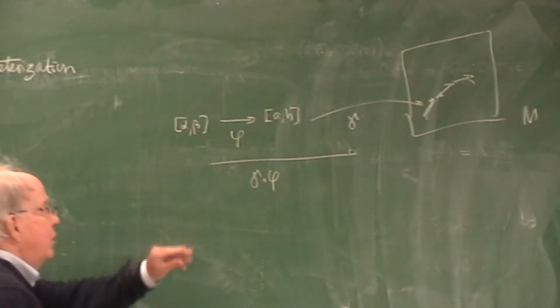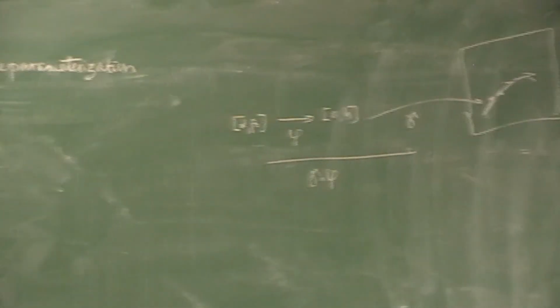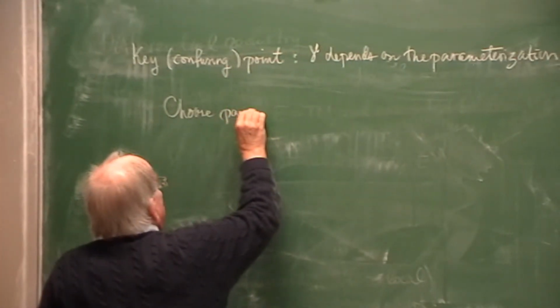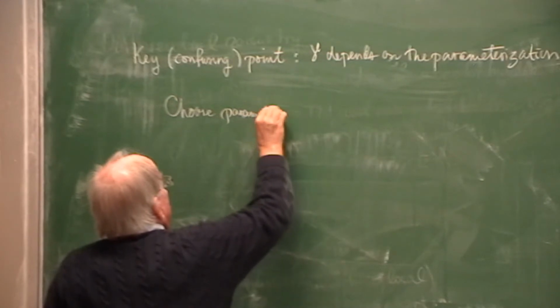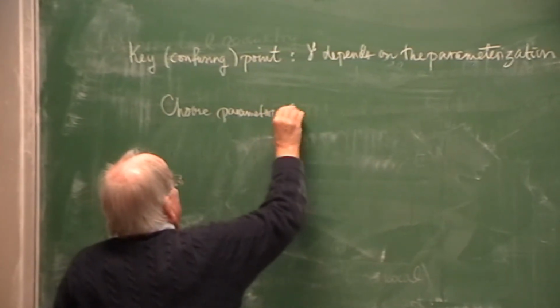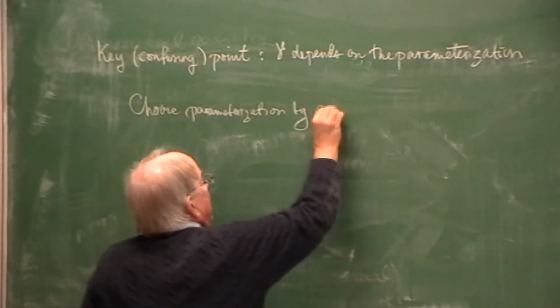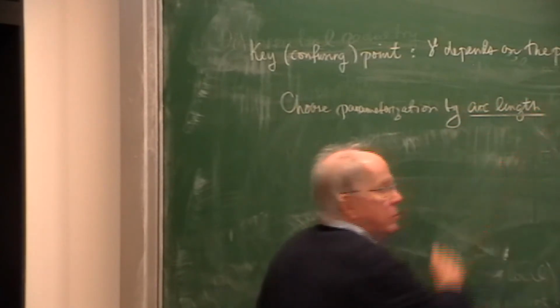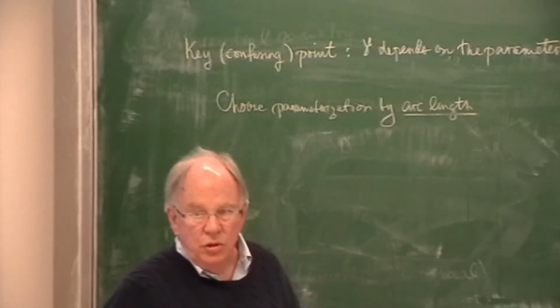It may increase and decrease and increase and decrease and so on. But what we can do is choose the parameterization by arc length. Right? You can do that.